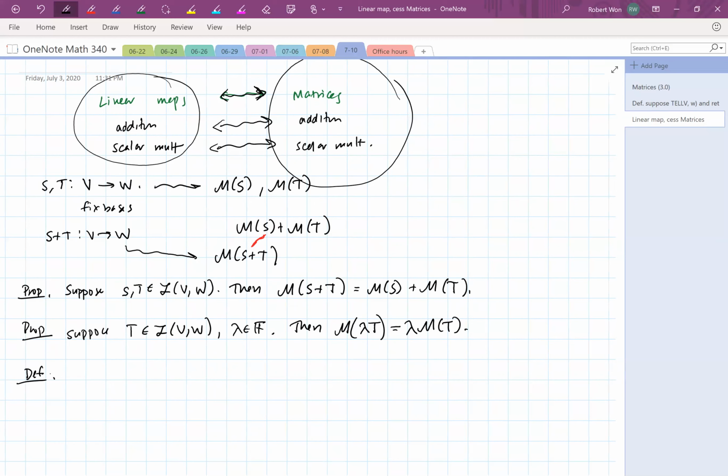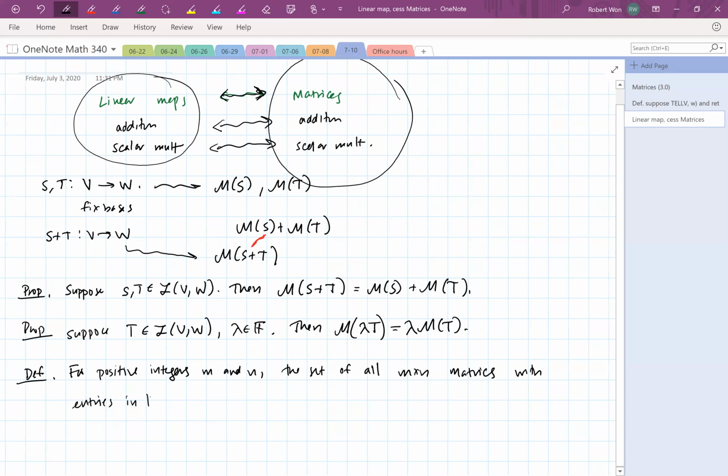So I'll just define: for positive integers m and n, the set of all M by N matrices with entries in F is a vector space with the addition and scalar multiplication we're used to.